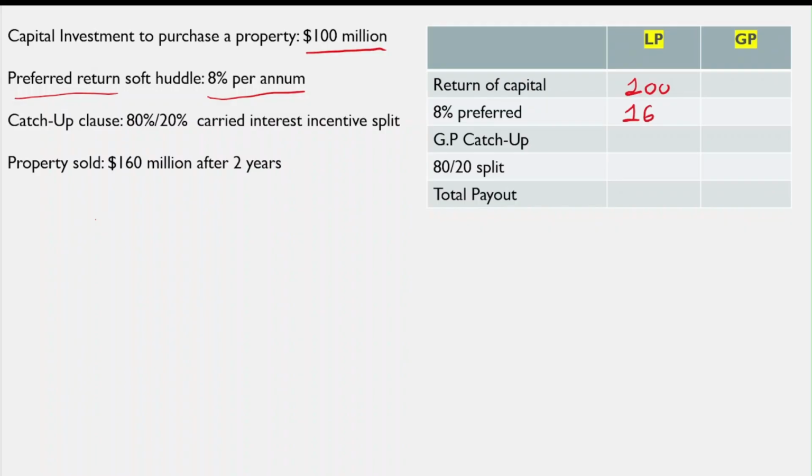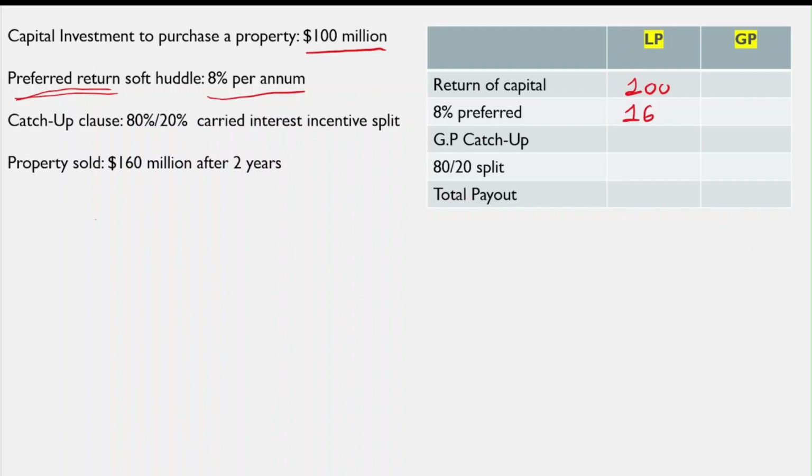And then the third step: because the general partners met the soft hurdle, they will share in the larger profit. Now, this number, as I said earlier, is not based on the 60 million profit. The third step for the catch-up is based on the preferred return of 8%. The key to remember here is that the catch-up is calculated based on the preferred return, and it would also follow the 80-20 split.